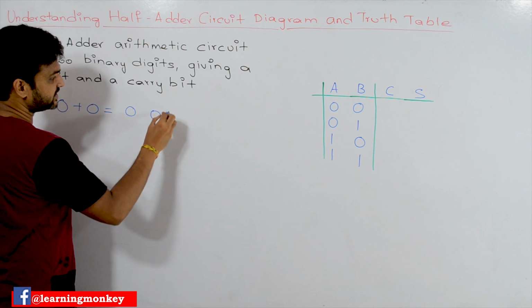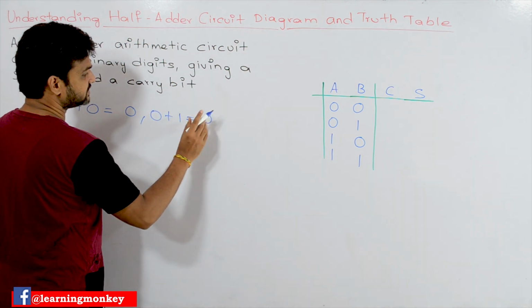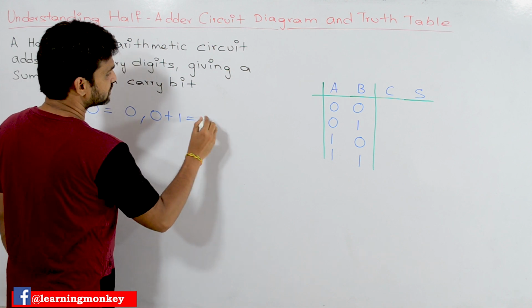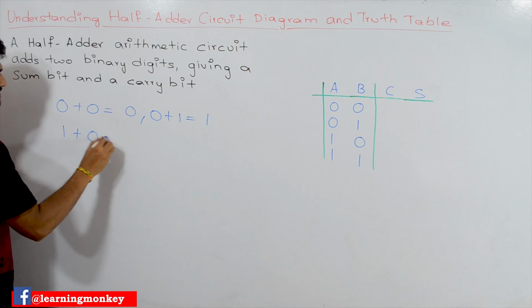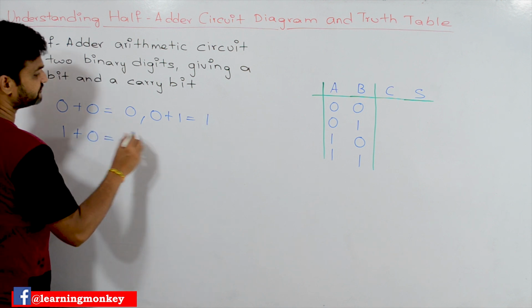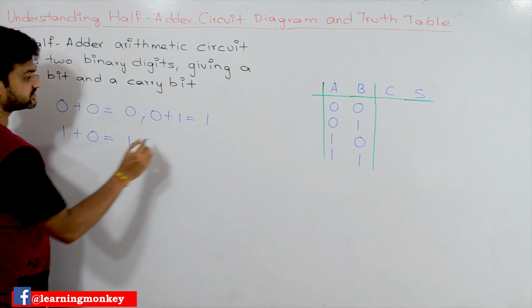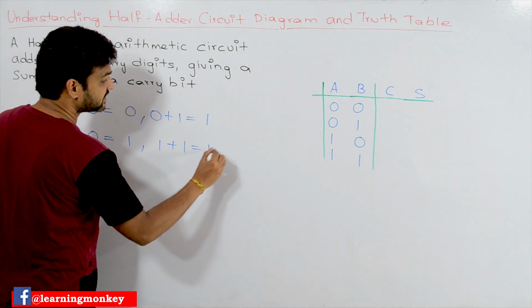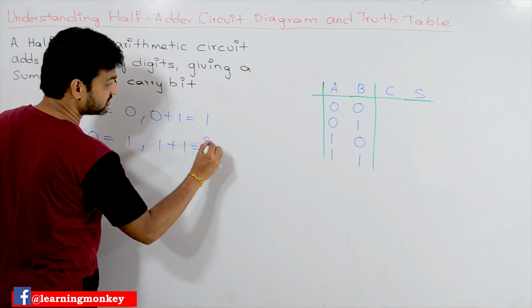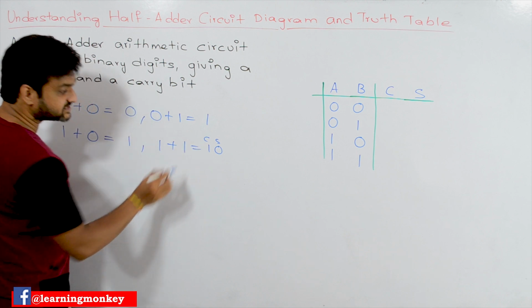Similarly, 0 plus 1 is equal to 1, and 1 plus 0 is equal to 1. These are the different combinations possible with 2 bits. If you do 1 plus 1, here comes the carry. The sum is 0 and the carry is 1.